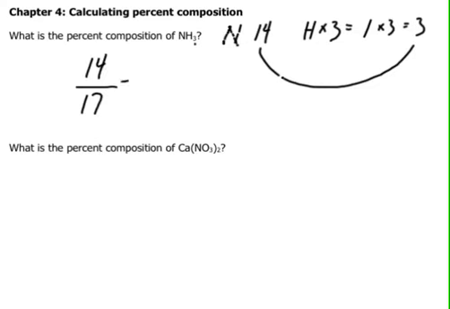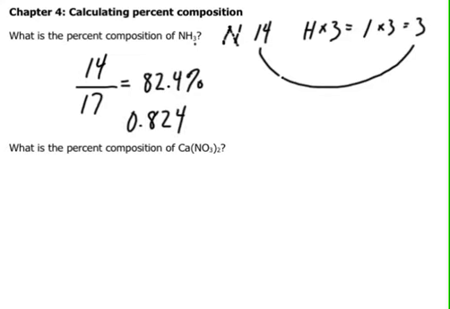So dividing the part divided by the whole, which is what percentage means, 14 divided by 17, you get 82.4%. Okay, and so when you do that division, you get 0.824, and then multiply that by 100 to get the percentage.